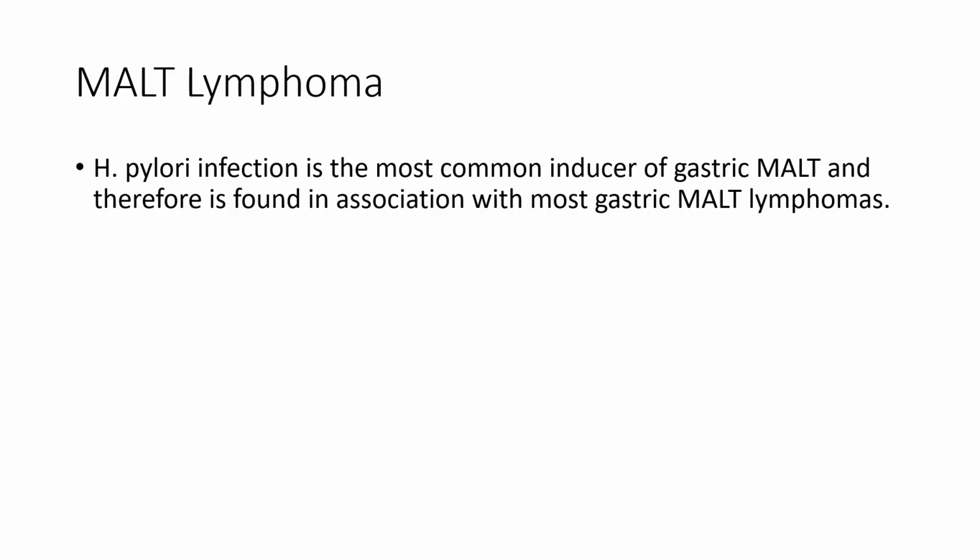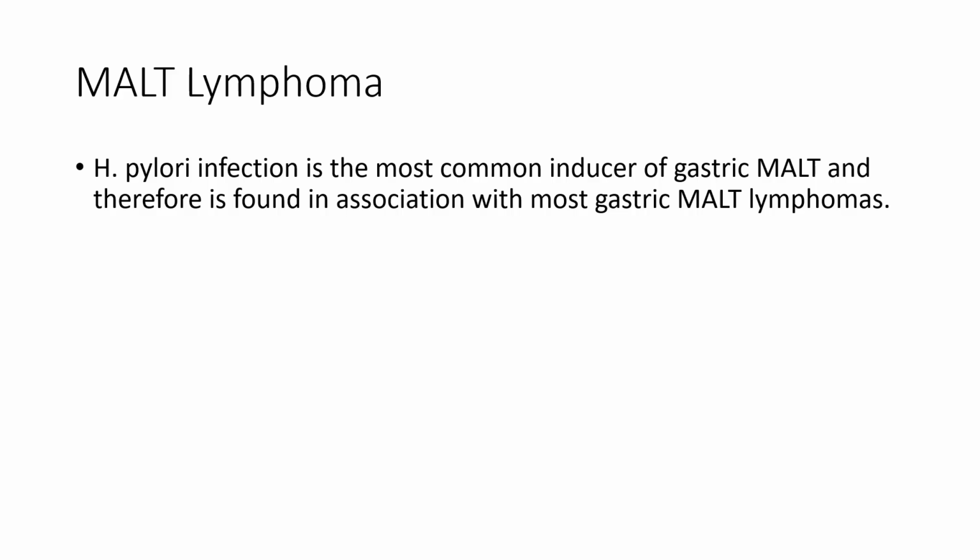The mucosa-associated lymphoid tissue is usually not present in the normal stomach. However, it can be induced as a result of chronic gastritis. H. pylori infection is the most common inducer of gastric MALT, and therefore is found in association with most gastric MALT lymphomas. So H. pylori infection invokes lymphoid infiltrates, and this leads to the formation of acquired MALT.